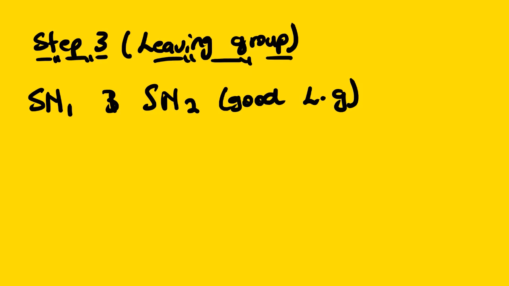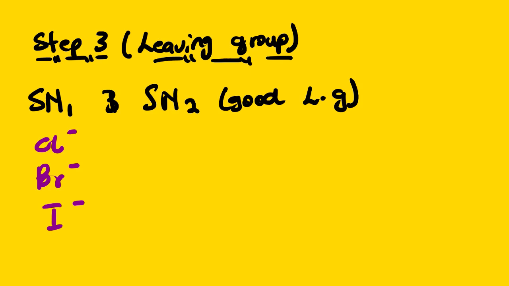Let us look at some good leaving groups. We have Cl minus, we have Br minus, we have I minus. These are some of the common good leaving groups. We also have sulfonate, sulfate, phosphate. We also have those neutral molecules, which are H2O, alcohols, amines, and phosphines.